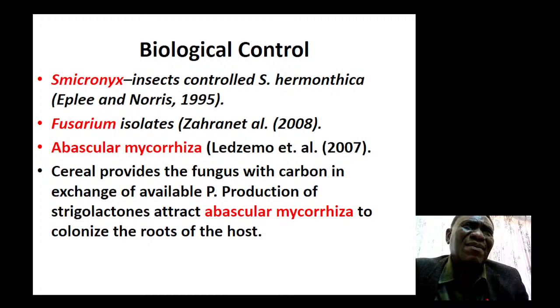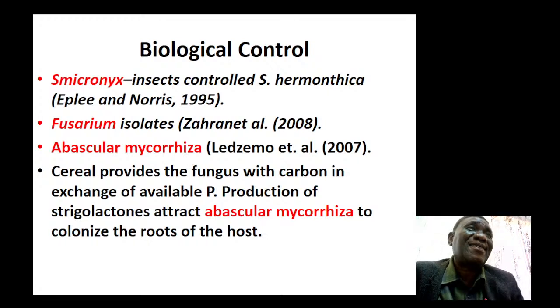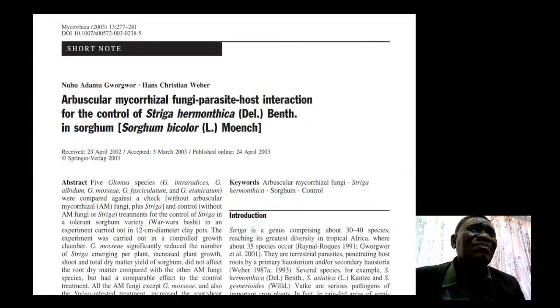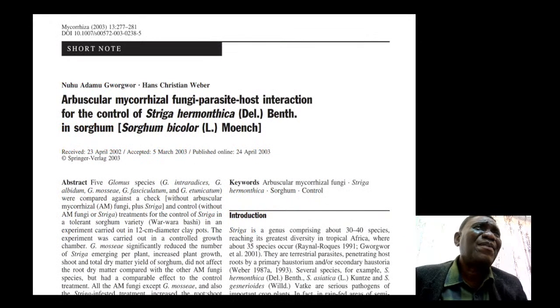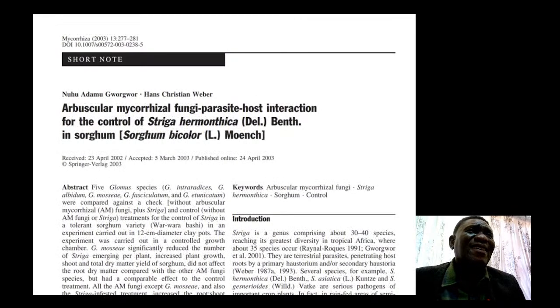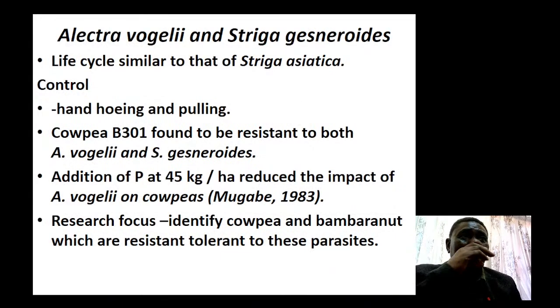So the arbuscular mycorrhiza colonize the roots of the host, which are also the target of the parasite. Once the arbuscular mycorrhiza is present, it creates an environment which is not attractive to Striga infection. You can read some papers about how arbuscular mycorrhiza can be used to control Striga.